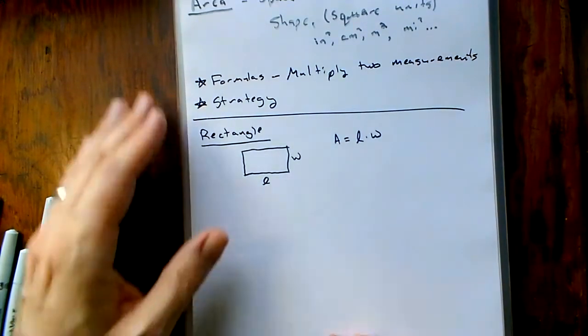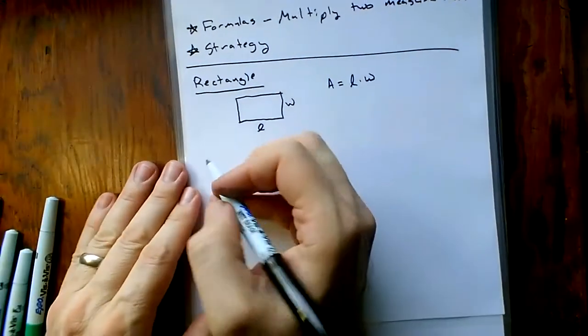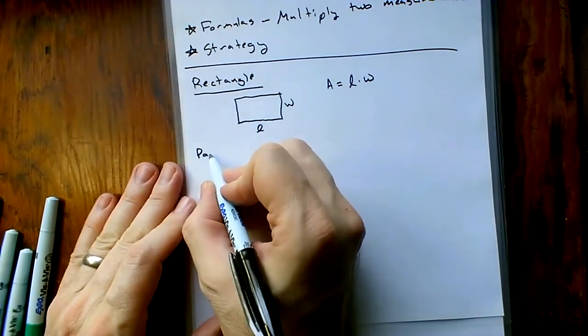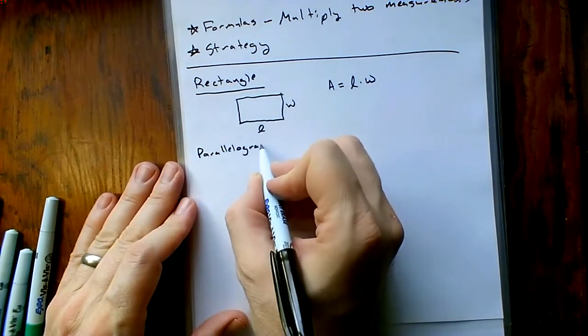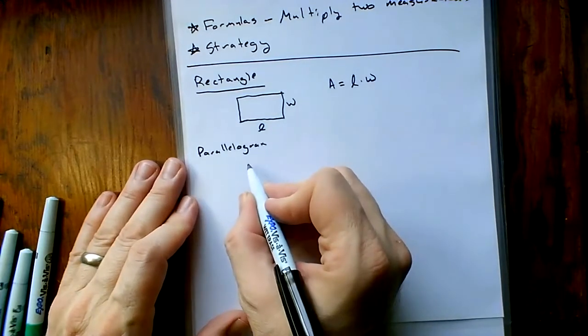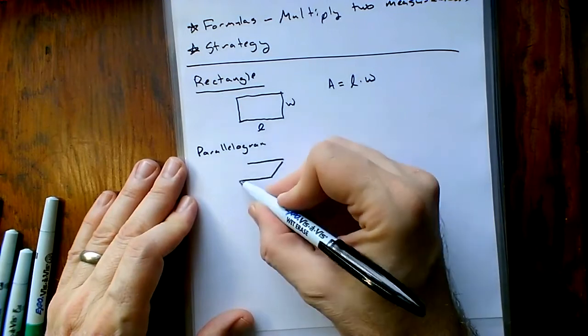Well, we're going to introduce another shape here, and that happens to be a parallelogram. A parallelogram has two sets of parallel sides.